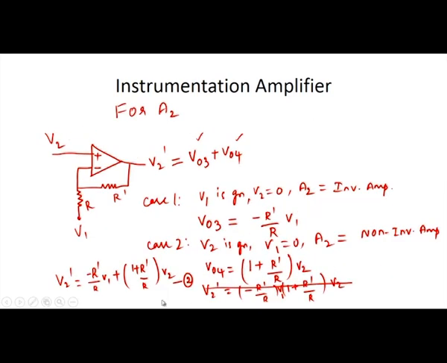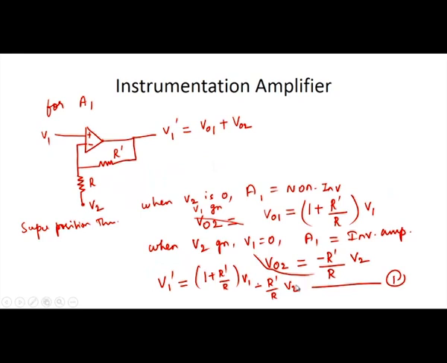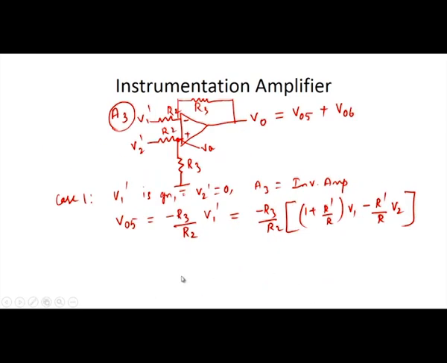We have to substitute V2 dash later. Okay, it is just the reverse, R dash by R into V1. So, this is V0 5 here.